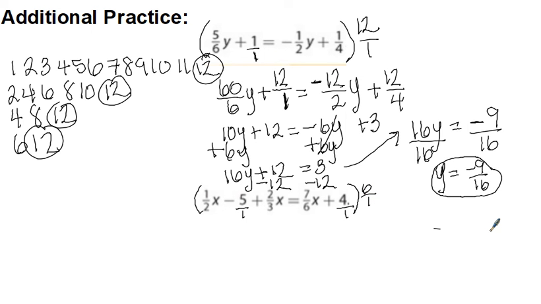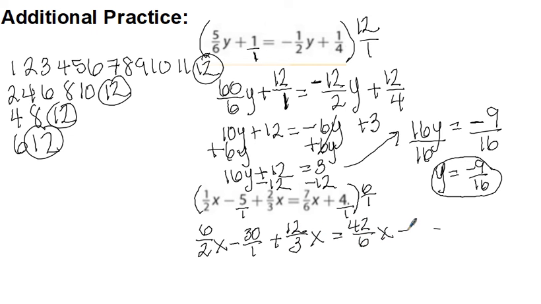All right, I want you to pause and see if you can do the distributive property. It's really important you guys pause here. All right, when you distributed, you should have gotten 6 over 2x minus 30 over 1 plus 12 over 3x equals 42 over 6x plus 24 over 1.